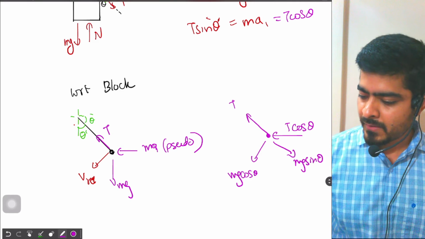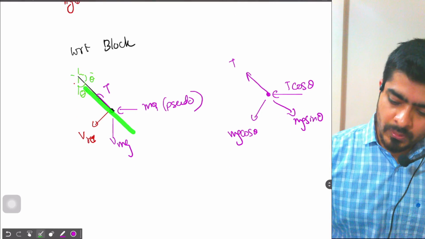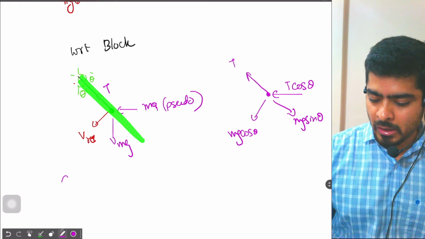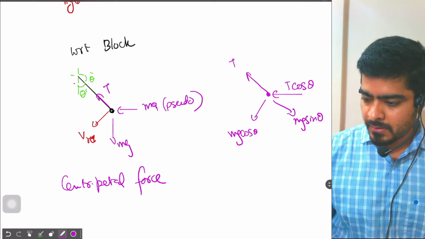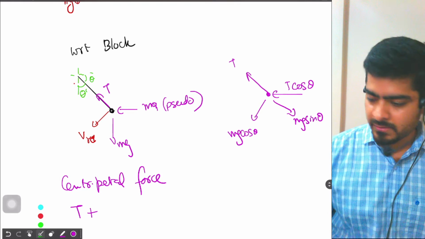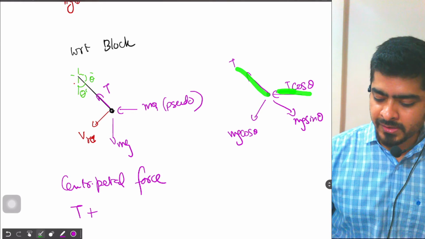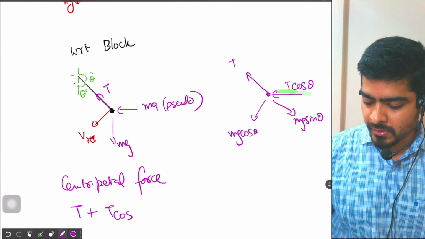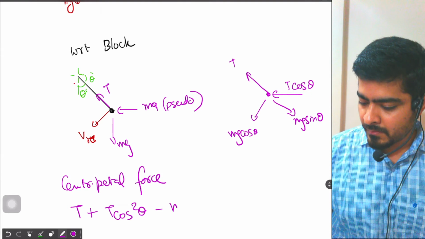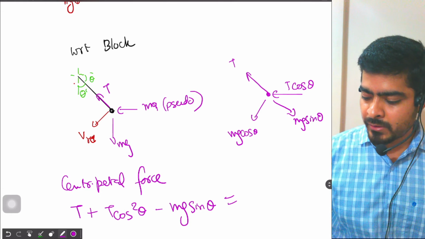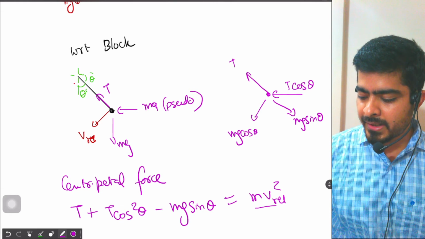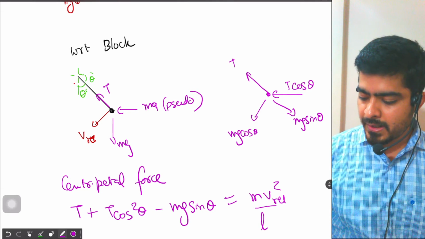Now, towards the center, centripetal force will be how much? T plus component of T cos theta is how much? T cos square theta minus mg sine theta. This is equal to m v relative square by L.